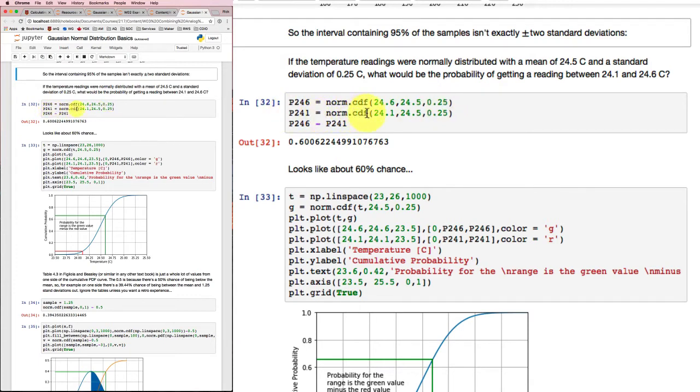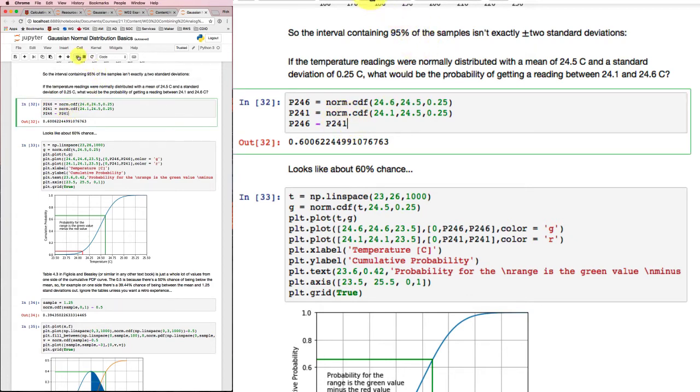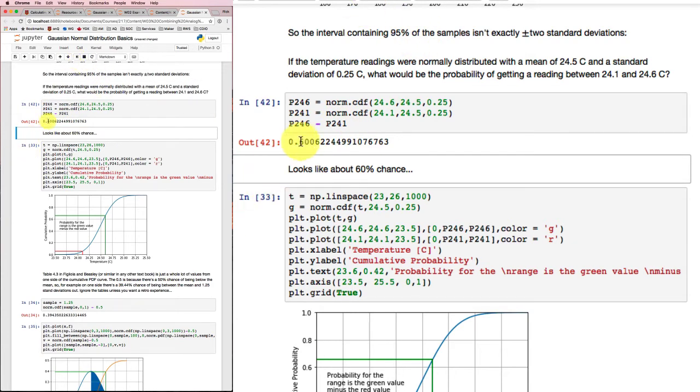And then this is the probability that the value is less than 24.1. And if it's going to be in between 24.1 and 24.6, then it's going to be the probability for 24.6 minus the probability for 24.1. And when we do that calculation, we wind up with 60%. So about a 60% chance of getting into that range.